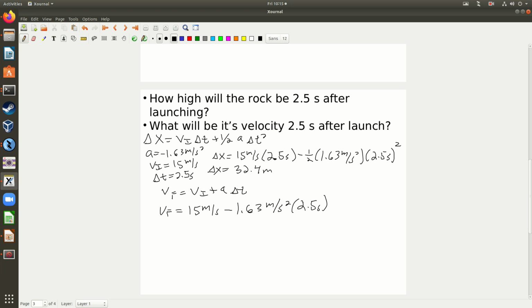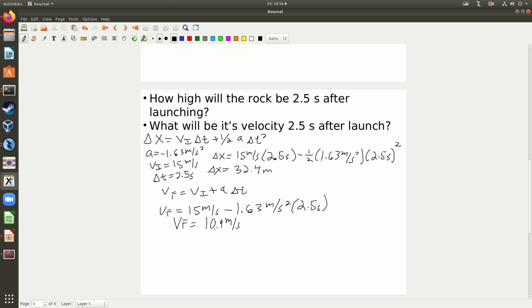Plugging that in, 15 minus 1.63 times 2.5, it's going to give me 10.9 meters a second. So it's a positive 10.9 meters a second.